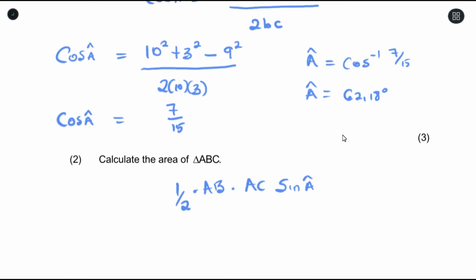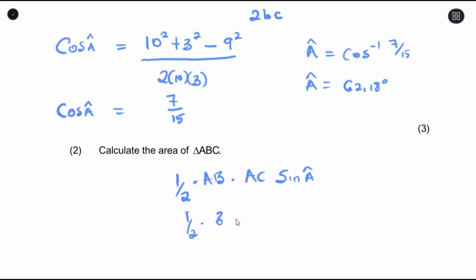So these values will be half times 3 times 10, and the sine A part here is sine of 62,18.